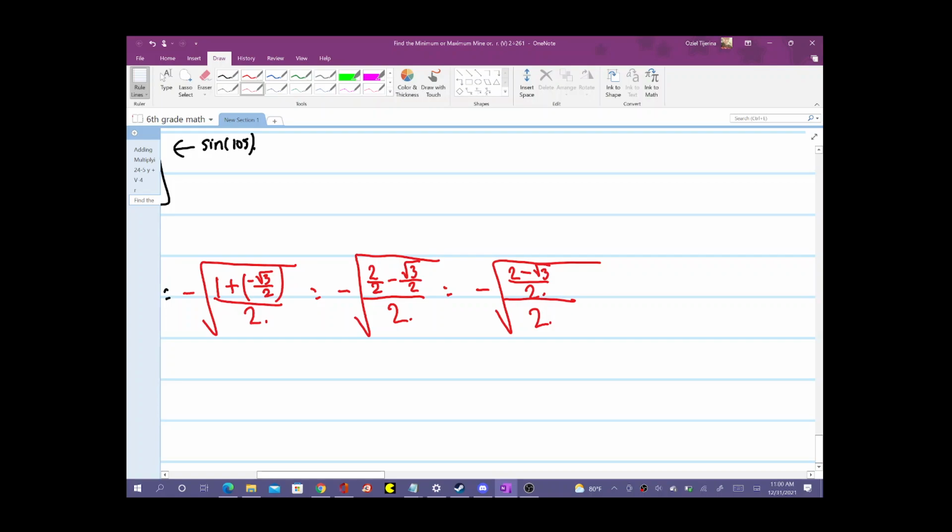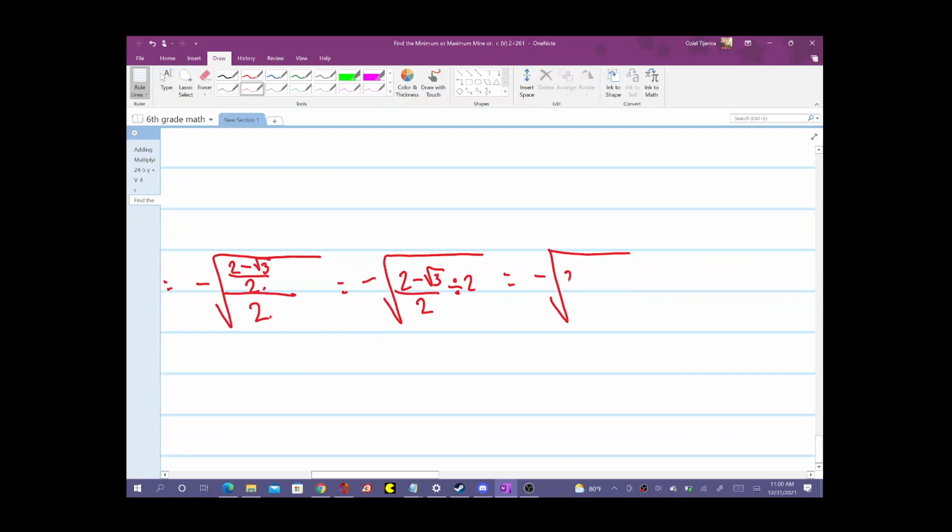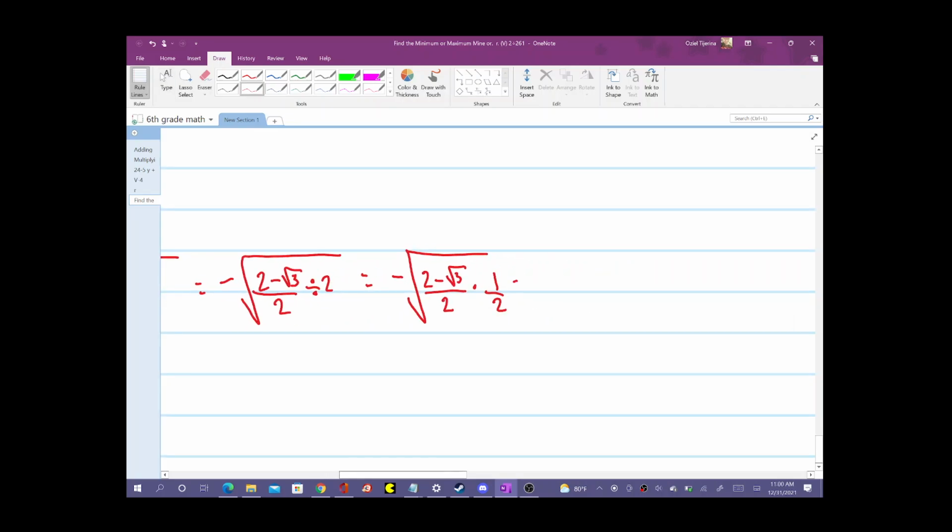Over 2. So then we do the same exact thing we did for the last one. It's going to be 2 minus square root of 3 over 2 divided by 2, which then becomes negative the square root of 2 minus square root of 3 over 2 times 1/2. This then becomes negative the square root of 2 minus square root of 3 over 2, actually over 4.